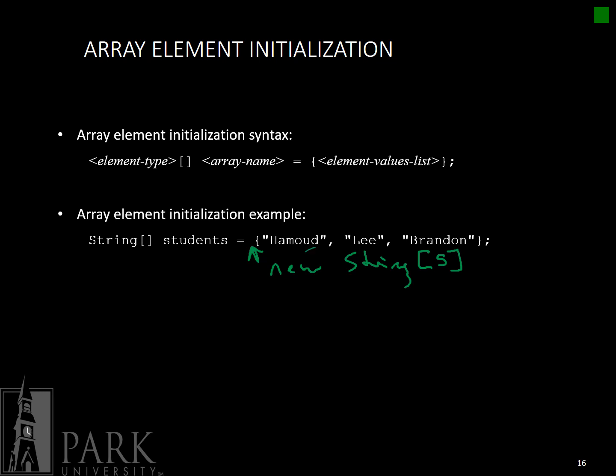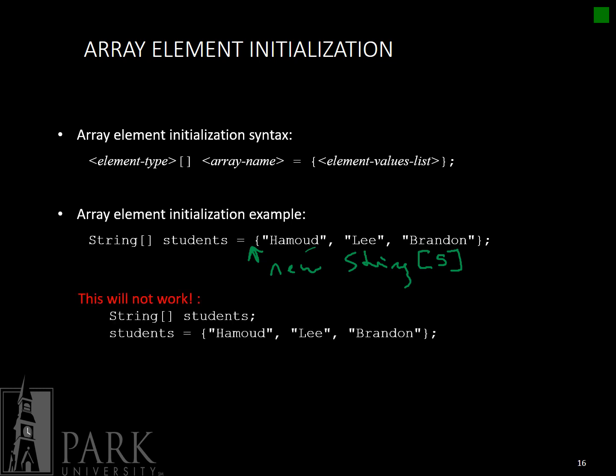You just put in your comma separated list, and the Java compiler knows what you're doing and will automatically take care of that. However, this will not work. You can't declare an array and then later try to initialize it with the braces. This right here is bad. It won't work. You have to do it all in one line like this.